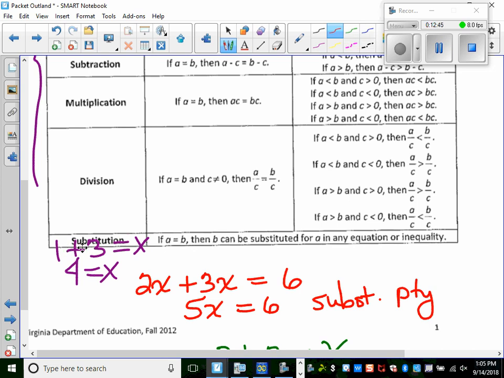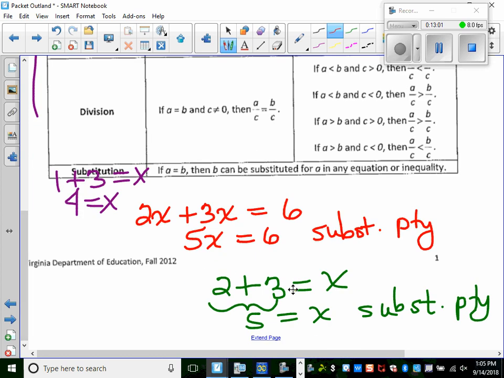So like if I say 1 plus 3 and I change that to 4, I have just used the substitution property. If I say 2x plus 3x is 5x, I have just used the substitution property. Okay, you might want to put that down. And I have a third one. If I say 2 plus 3 is 5, I have just used the substitution property.